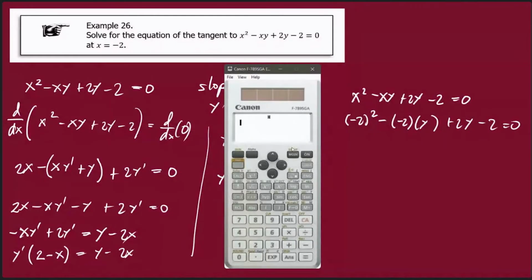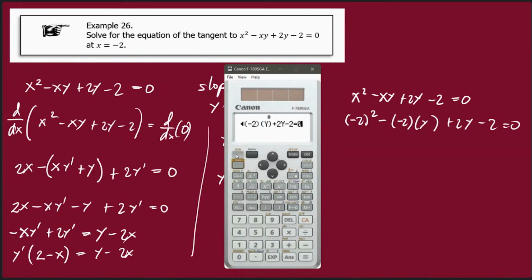You have to include the negative sign in raising -2 to the power of 2. So: -2 squared minus -2 multiplied by y, plus 2y minus 2, equal to 0.